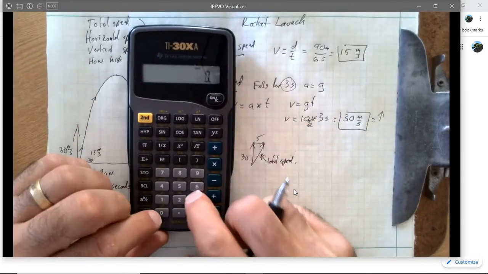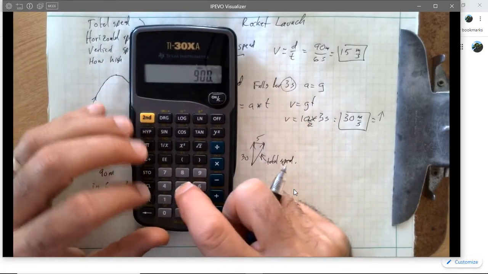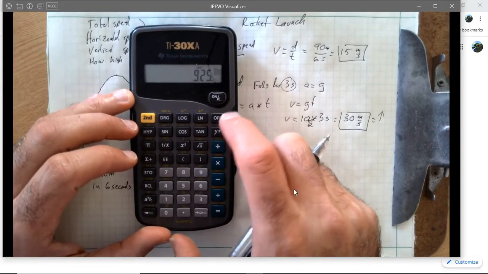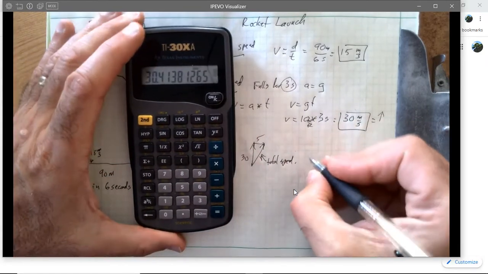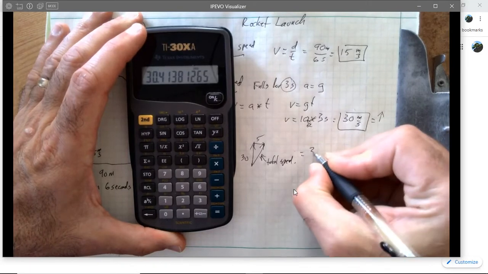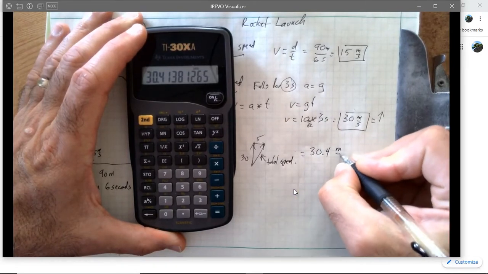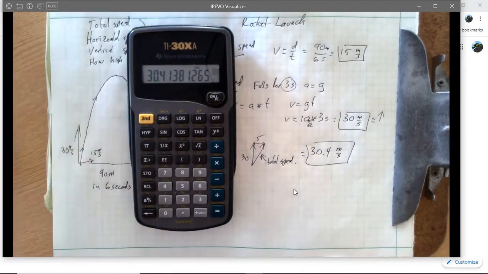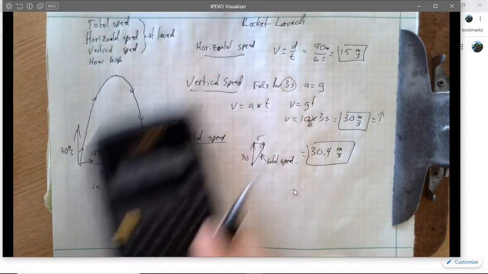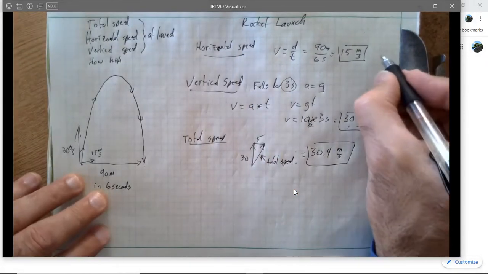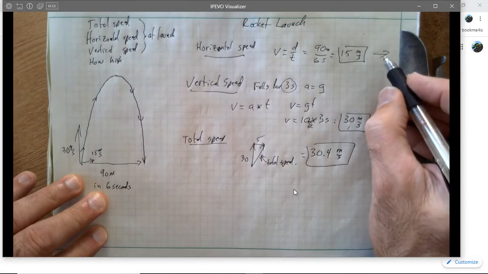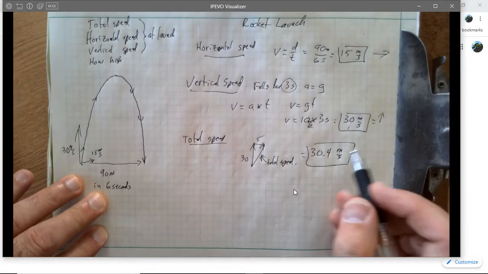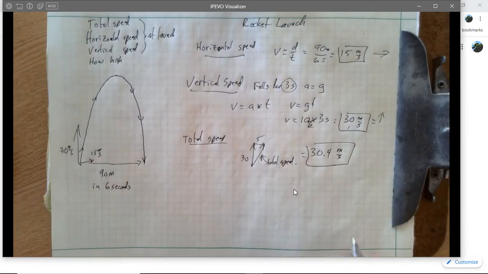For this one, we get 30 squared plus 5 squared equals, we take the square root of that, and it comes out to be 30.4 meters per second. That's the total speed. All we did was Pythagorize the two components we figured out here, the vertical component plus the horizontal component. We got to use the Pythagorean theorem and you get 30.4 meters per second.